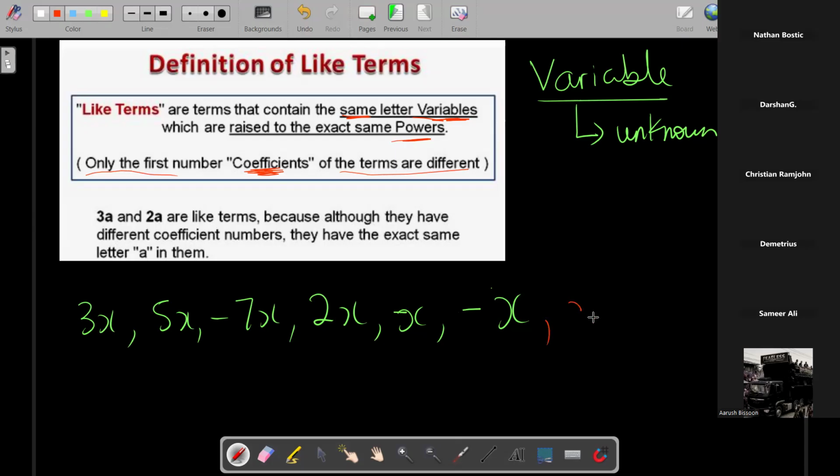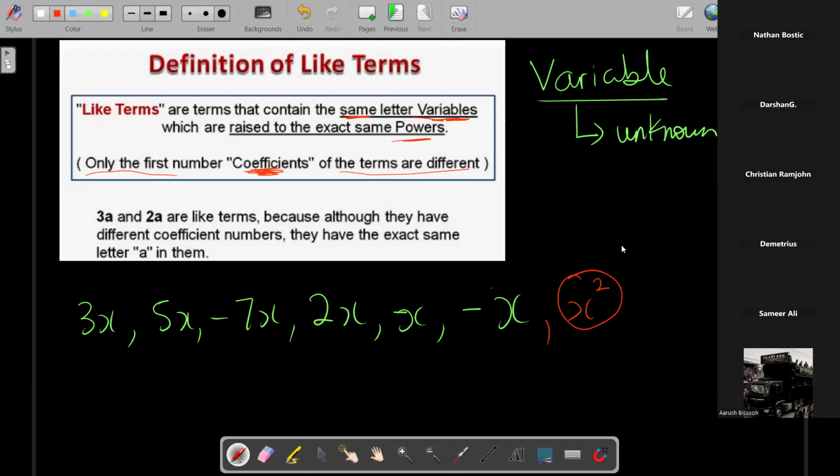Colin, if I put in an x squared here, is this a like term? No, because it doesn't. Right, x squared here is not the same as these other terms here.